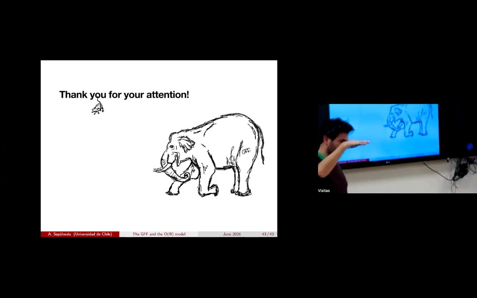So we also show this. This is the good environment. So the environment also looks like a GFF, at least when the temperature is 0.